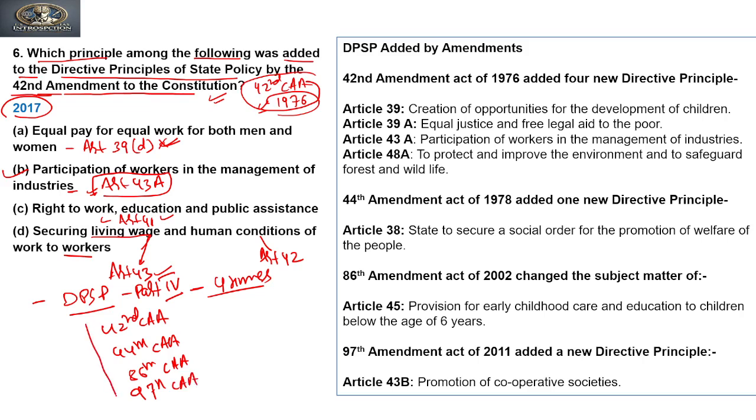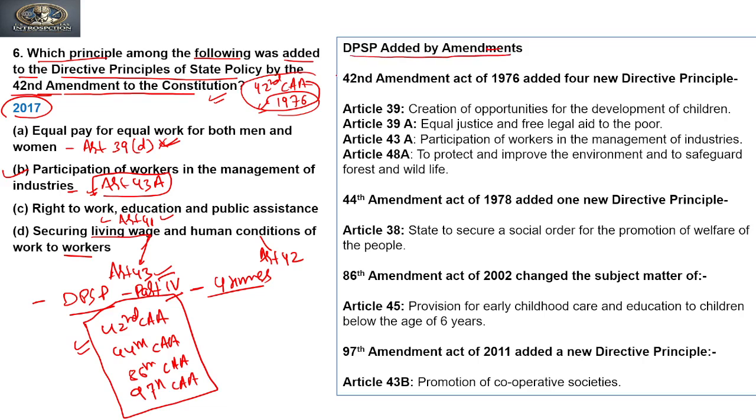So these 4 amendments have an implication or effect on the DPSP. Now let's see through which amendment what changes were made in Part 4 of the Constitution. So here we can see the DPSP added by the amendments.